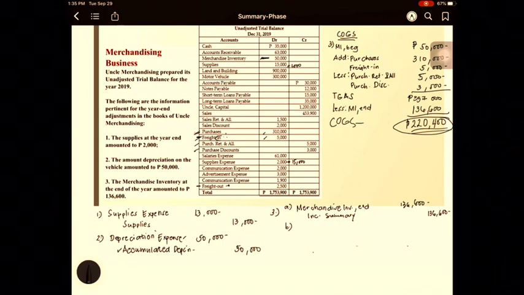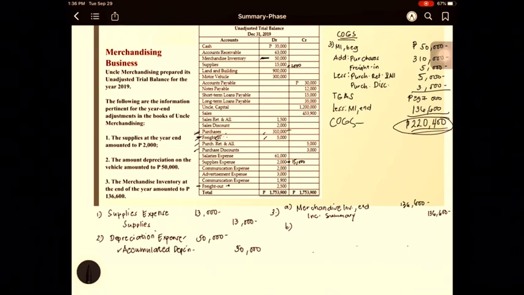So in order to close their amounts, we have to reverse the entries for these particular accounts. When we say reverse, if for example purchases is originally under your debit side, to make it zero, it should be credited. That's how you reverse and close an account.